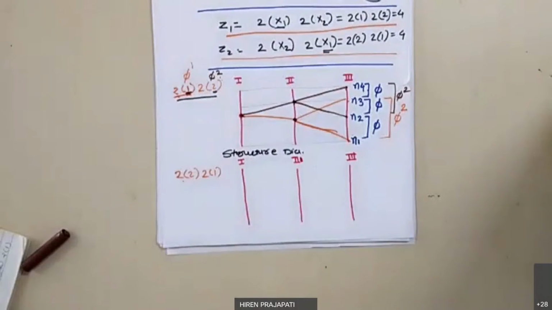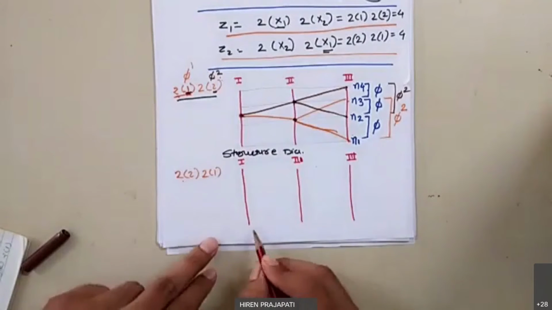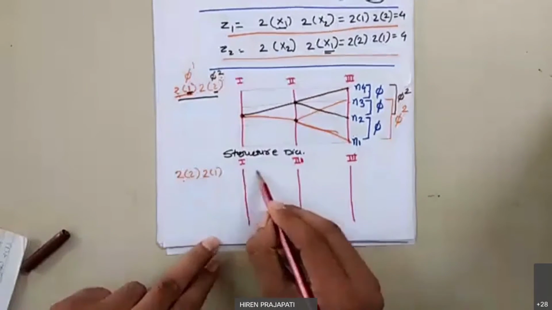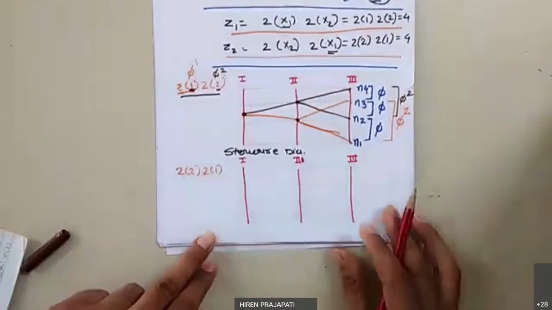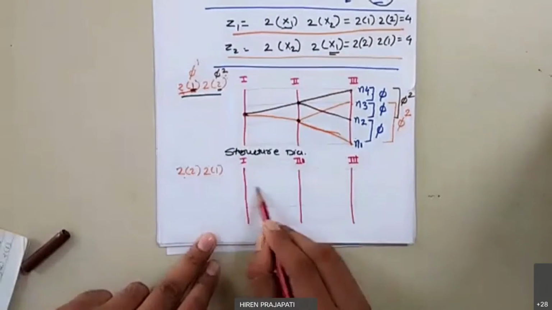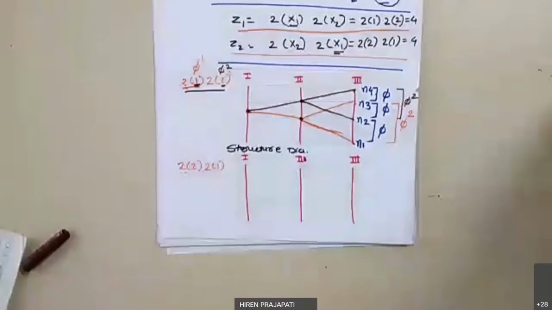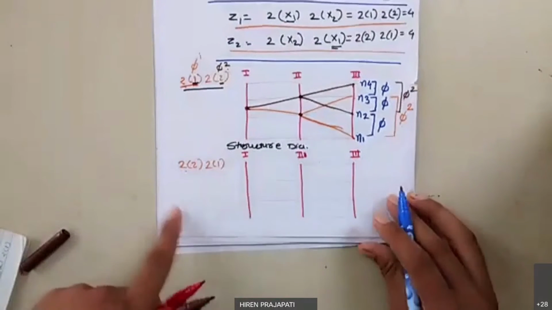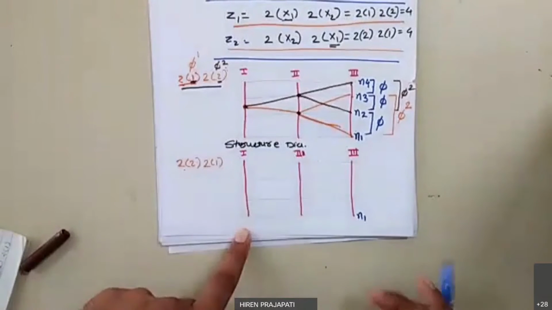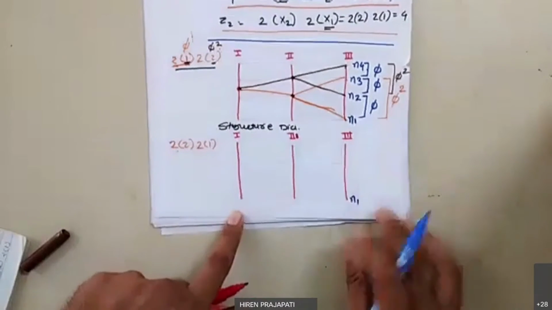Again, I need to draw 4 horizontal lines. Each line indicates an RPM available from the gearbox, right? So similarly, this lowest one indicates the lowest RPM available from the gearbox, so that is N1.